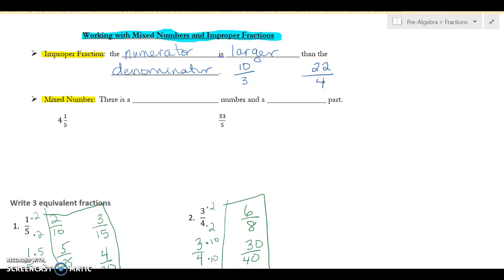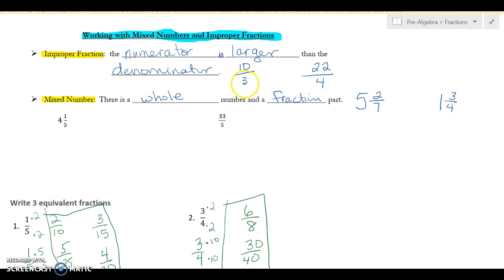So those are improper fractions. A mixed number is when there is a whole number and then a fraction part. So something like 5 and 2/7, or maybe 1 and 3/4. Those are mixed numbers. All right, so first of all, you have to know the difference of them. Now let's actually see how to do them.